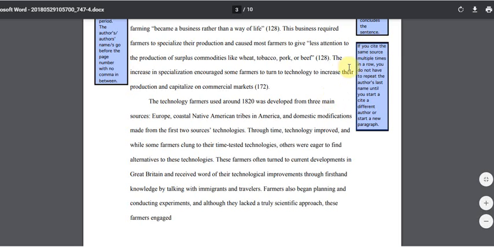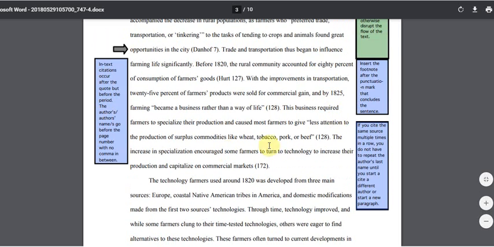If you cite the same source multiple times in a row, you do not have to repeat the author's last name until you cite a different author or start a new paragraph. So if in this paragraph you are just talking about one of the authors, depending on how you structure your comparison and contrast, well, if you use the last name at the beginning, we are going to know you're still talking about that person, assuming you've used a different name. And so in that case, you wouldn't have to use it.